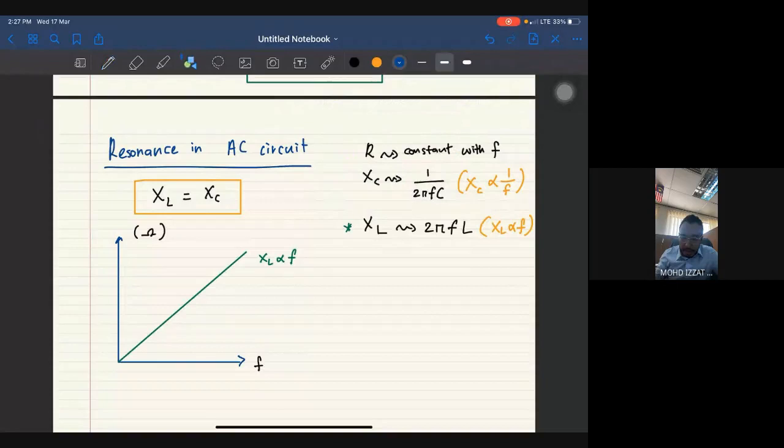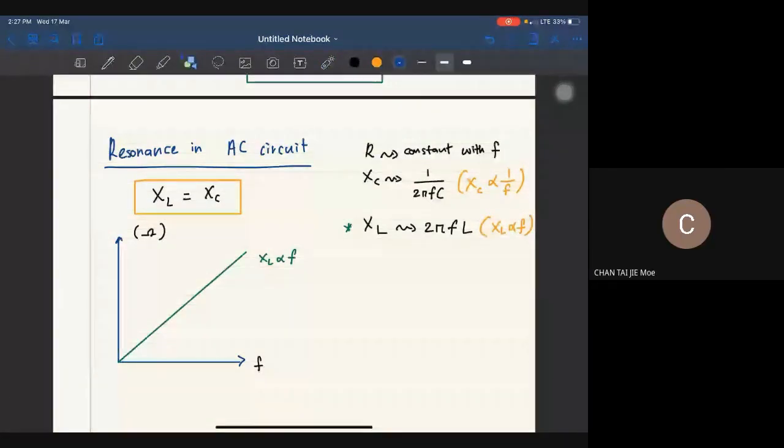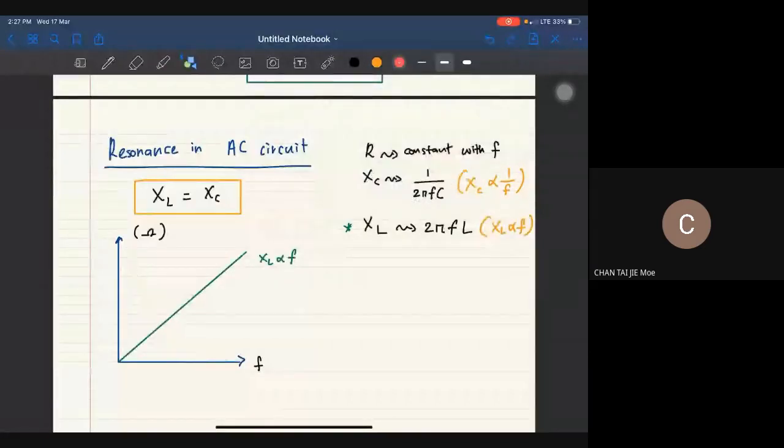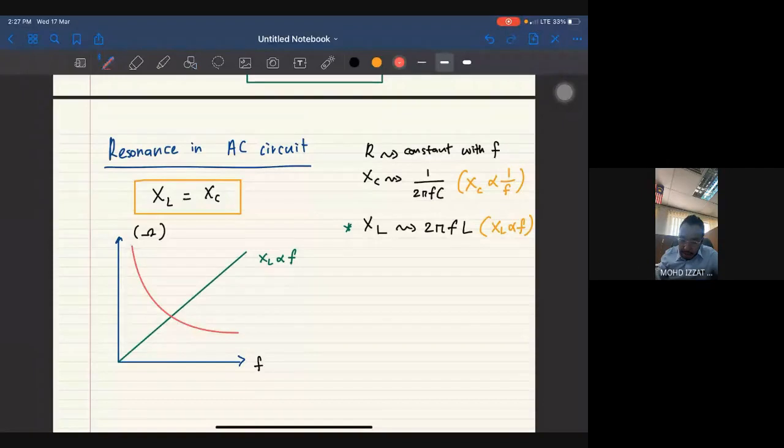To be exact, a decreasing curve. As frequency increases, your XC will decrease. It looks something like this. So this is XC, which depends on the frequency as 1 over F.